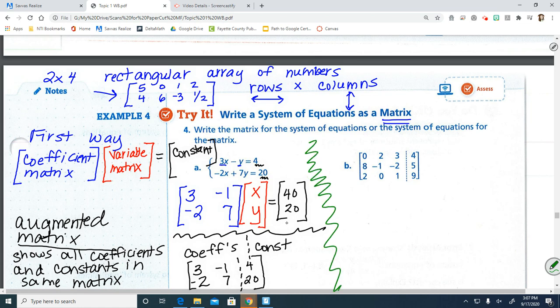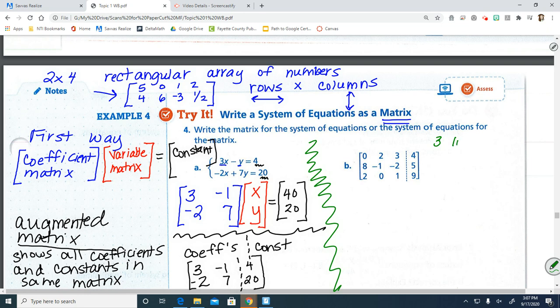Now, part B, it says we have to go the other way. I need to take this augmented matrix and turn it into a system. Well, I can see that there are 3 lines, which means there are going to be 3 equations. I can also see that there's 3 rows. So that means there'll be 3 variables.